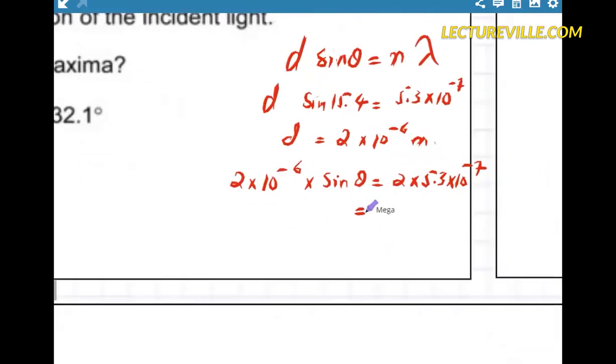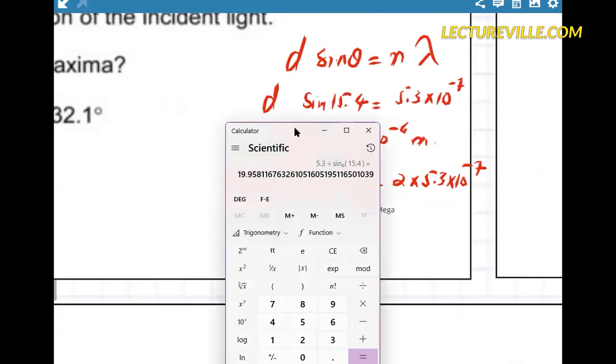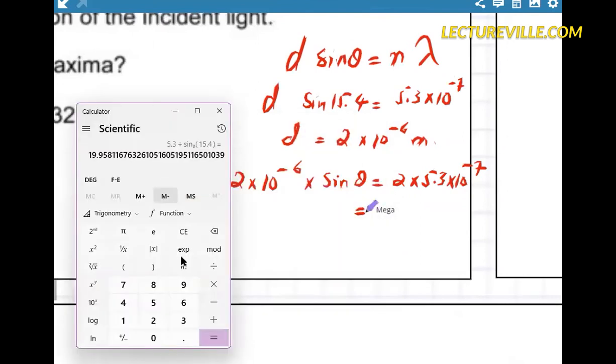These are calculations going on. So 10.6 divided by 2, 5.3, and divided by 10, because 10 to the power 6 and 10 to the power minus 7 will be cancelled.